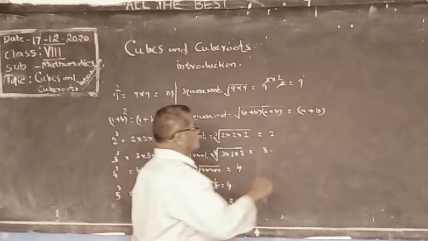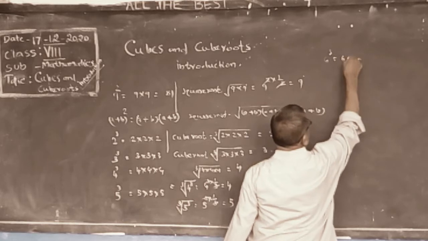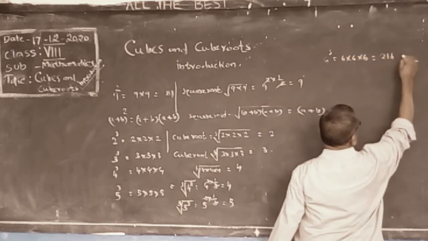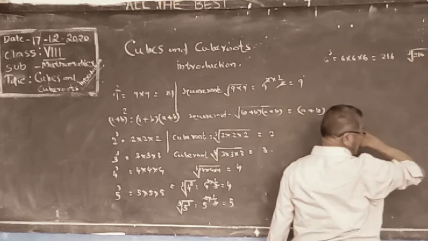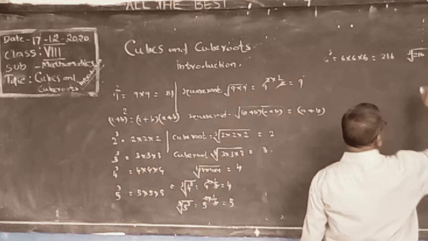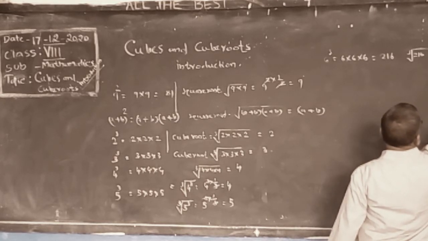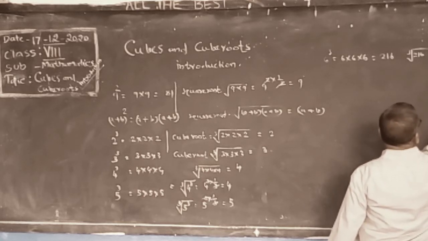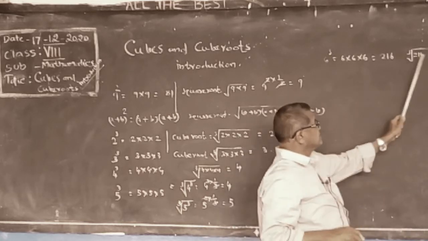Similarly, 6 cube means 6 into 6 into 6, that is 216. The cube root of 216 is written as 6 cube into 1 by 3. The 3s cancel and we get 6.